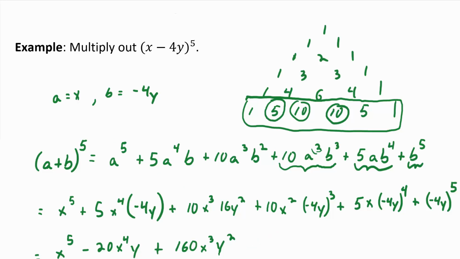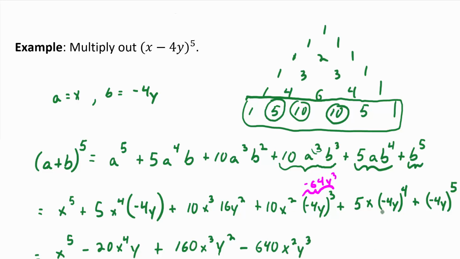Yeah, that's true because this guy is negative 64y cubed, right? So the minus sticks around because of the odd exponent. 64 times 10 is the 640 that you mentioned, and then x squared y cubed.